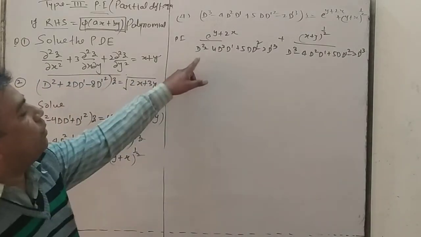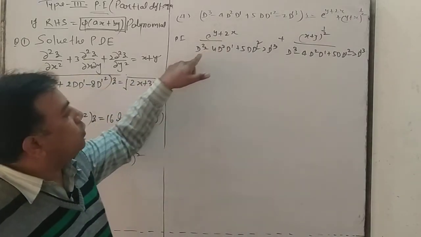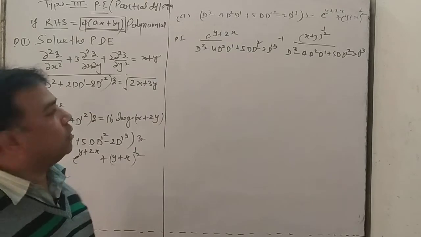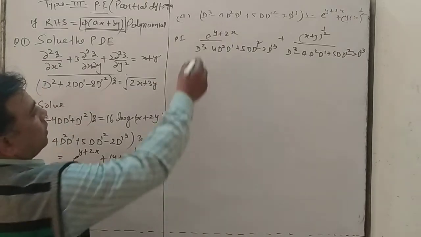This is the previous method: put the coefficient of x in place of D and the coefficient of y in place of D dash.